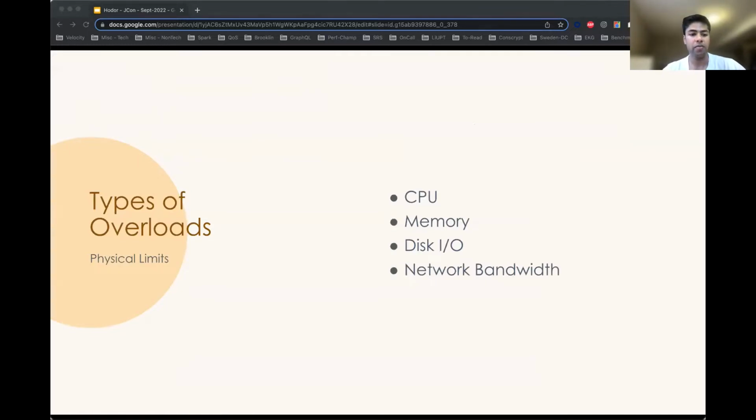Examples of physical resource limitations include CPU, memory, disk I/O, and network bandwidth. For example, if you have 24 logical cores on a system, you have 24 CPU seconds per second to do useful work. This limitation is a function of the number of cores.